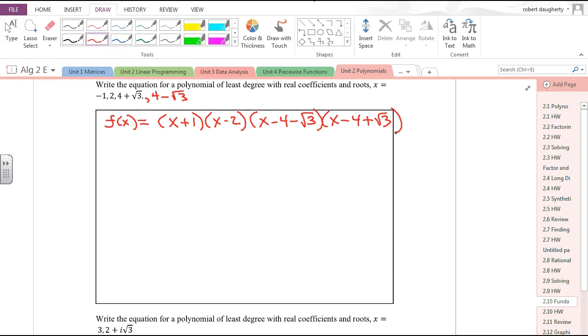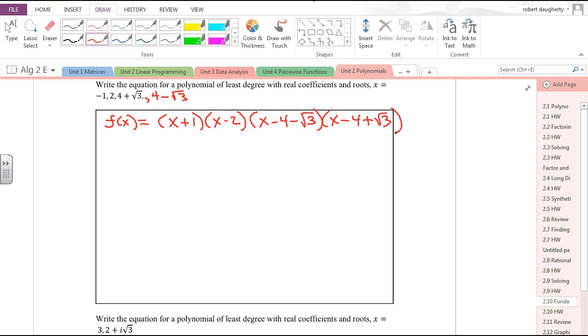Now, what do you want to multiply first? Okay, that's the easier thing. And then, why do I not multiply this one times this one, or this one times that one? What's going to happen when these two multiply? What should go away? The square root should go away.